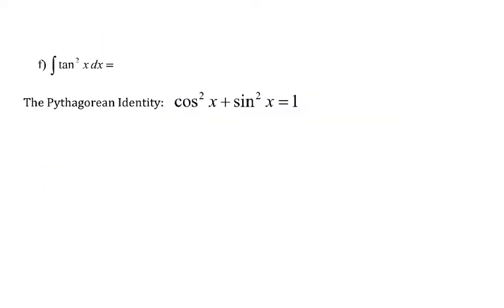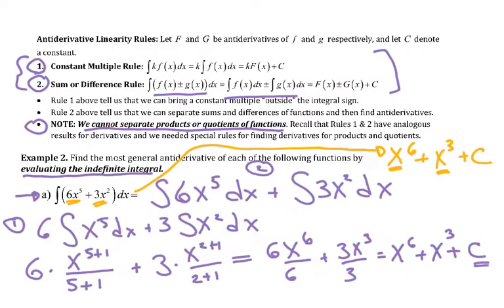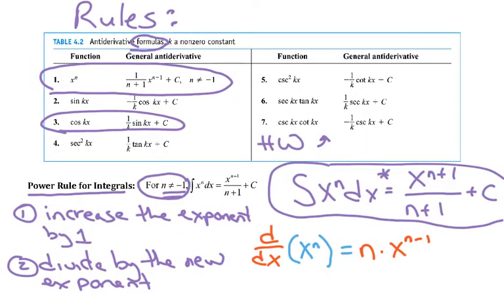Okay, this is a fun one that you need to know. If you look at the integrand, it's tangent squared x. And maybe we go back to that table and look.